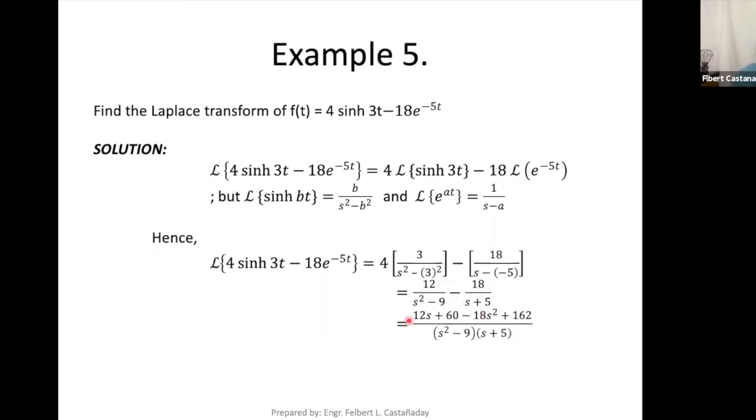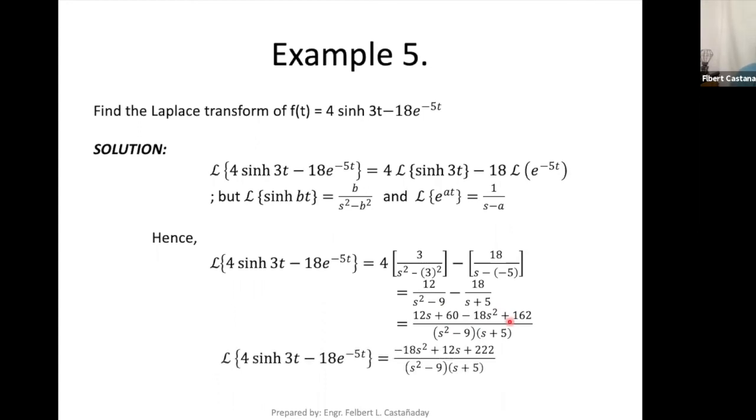We can put them into one fraction. So 12 times s plus 5, we have 12s plus 5 times 12 is 60. So minus 18 times s squared minus 9, you have minus 18s squared, and negative 18 times negative 9 is positive 162.